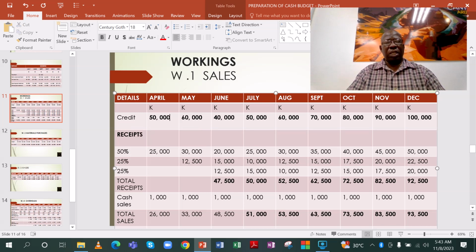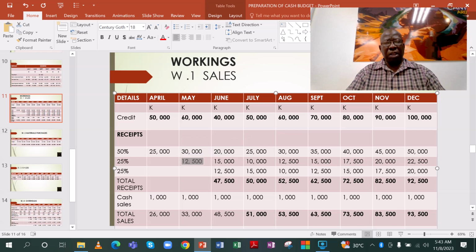So look at this one. If you had credit sales of 50,000, then 50% of 50,000, which is 25,000 kwacha, will be paid in the month itself of sale. Then the 25% will be paid in the month following sale, which is May. So we calculate 25% of 50,000, we are going to get 12,500, which is going to come in the month of May.